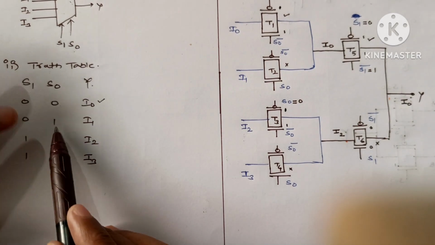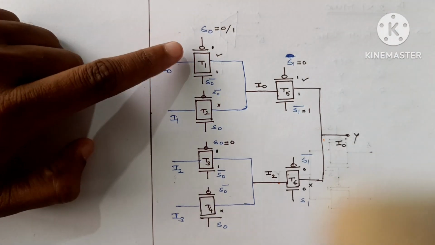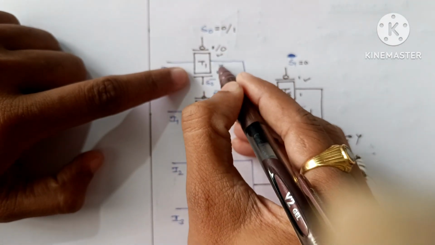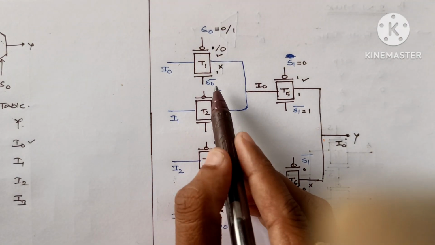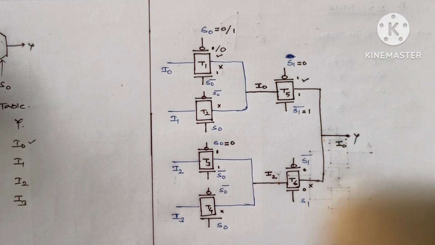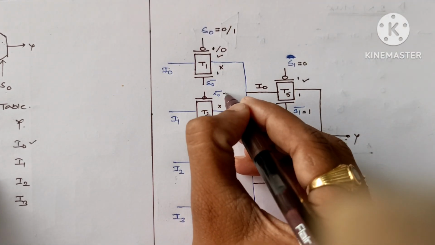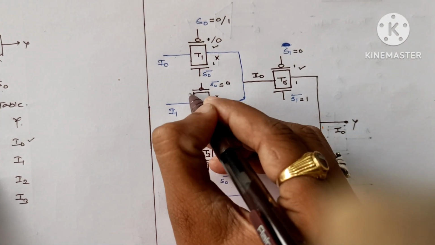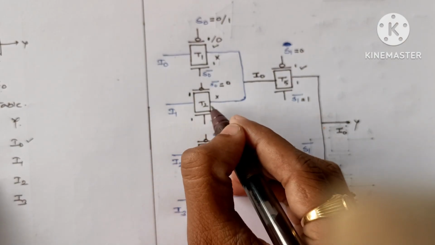Now the same case will be replicated for the next combination. When S0 is 1, we'll see. When S0 is 1, its complement will be 0. So if 0 appears here, T1 is turned off. Now coming to this point, S0 bar that we are getting will be turned on. So here if you see S0 bar, it will be 0. 0's complement is 1, and this is 1. So in this case, T2 will turn on.